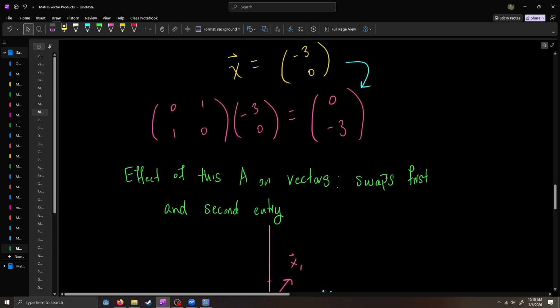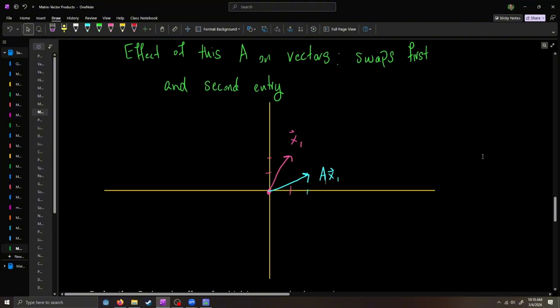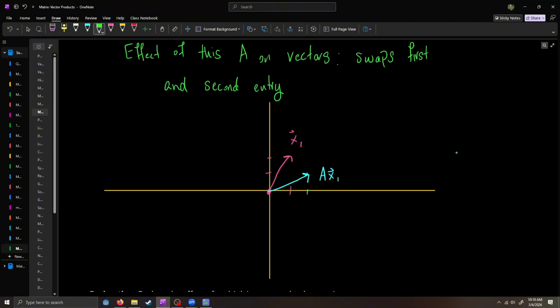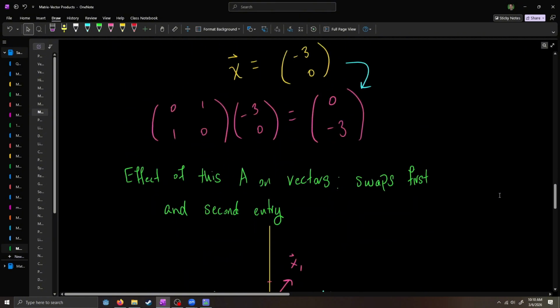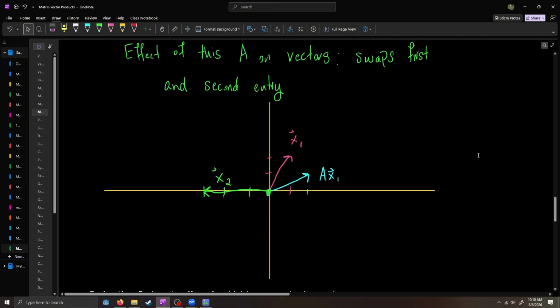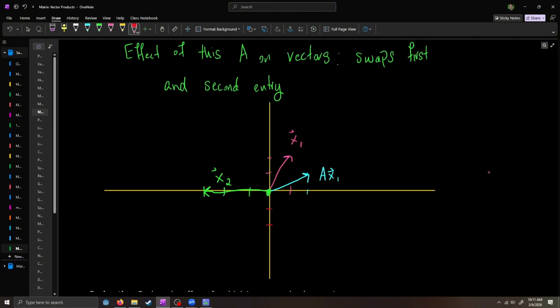Our second experimental vector was this guy, -3, 0. So the second experimental vector would be located -3 units along the x-axis. I'll call it x2 for the second experimental vector. And then after applying the matrix A, we got the result 0, -3 along the negative y-axis.